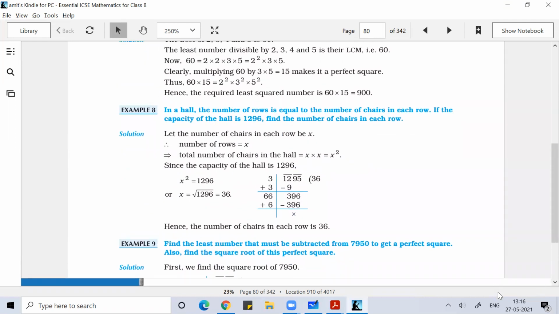Do this ninth one. The least number that must be subtracted from 7950 to get a perfect square. Also find the square root of the perfect square. So what is the number which we have to do? 7950.